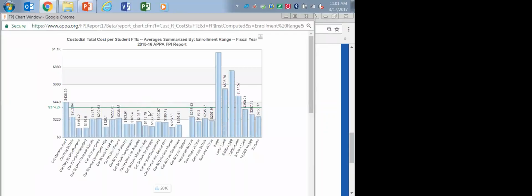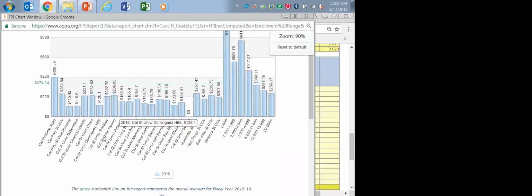So this is another interesting density factor. If you look at all the CSUs in comparison to the nationwide average, this is the amount of money that we spend in custodial per student. The national average spent per student for custodial is $374 per student.